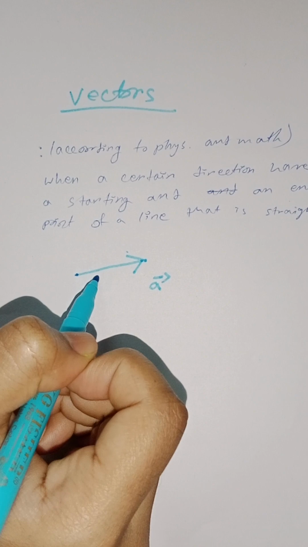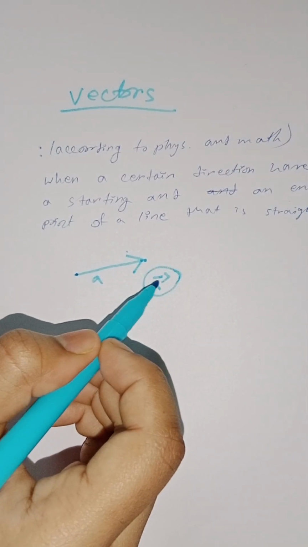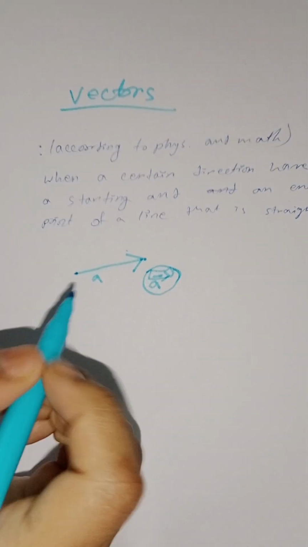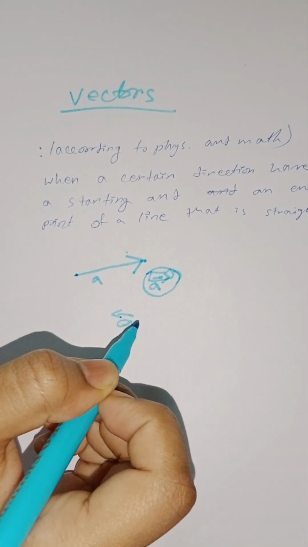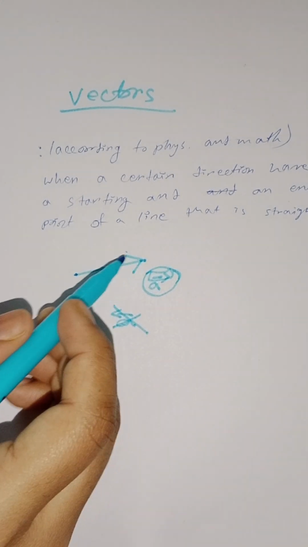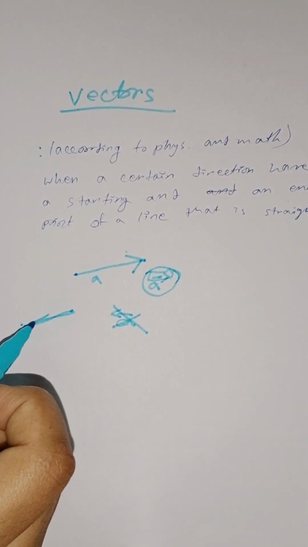Now we have to keep one thing in mind, that this arrow that you are looking at right here can never ever be like this. Now you may ask me, what about when the arrow is here? So suppose there is a line with the direction here.